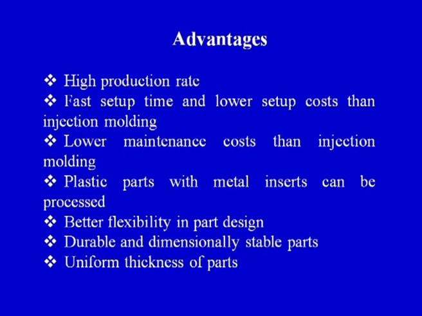The parts that are made by the transfer molding process are durable and dimensionally stable. The kind of dimensionally stable parts that we desire to make can be made by the transfer molding process. Uniform thickness of parts can also be achieved. So we can see that there is a large list of advantages with the transfer molding process.